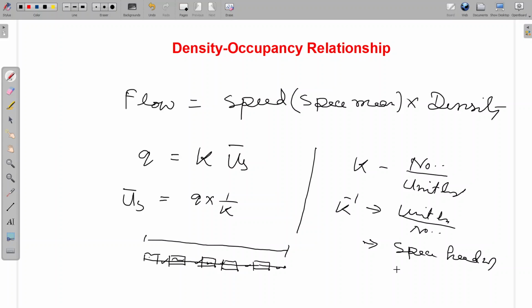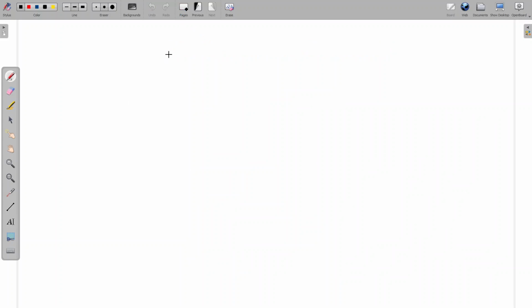Space headway is sometimes denoted by s, and 1 upon k is nothing but s. So in this equation, U_s is equal to Q into 1 upon k, that is, Q into s. What is the relation we got?